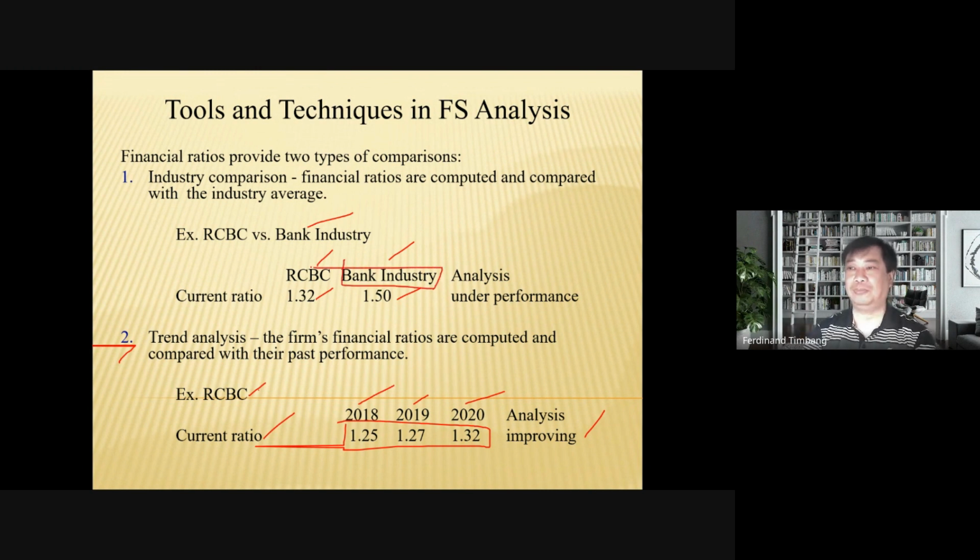And based on that, hindi siya at par because the current ratio of RCBC is just 1.32 as against a banking industry of 1.5. Okay? Kaya yung industry, importante. Importante yan to analyze. Hindi lang pwedeng i-analyze natin yung sarili natin, but we have to look at the industry as a whole.